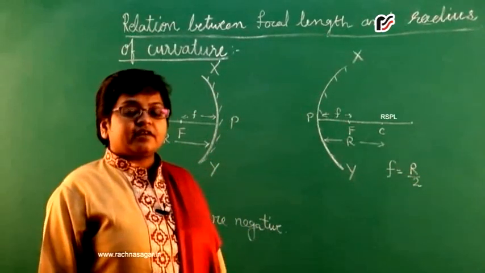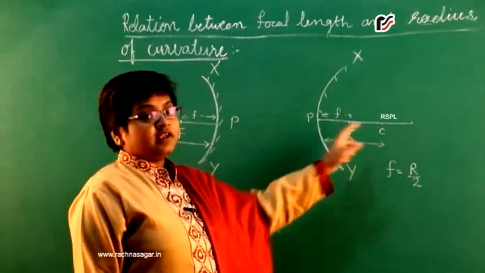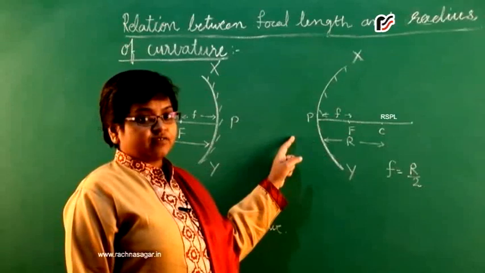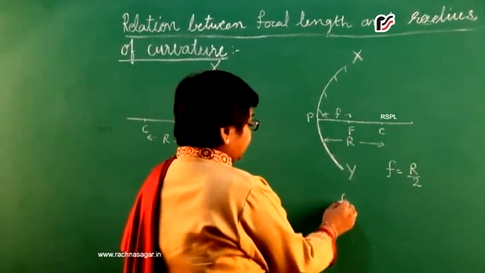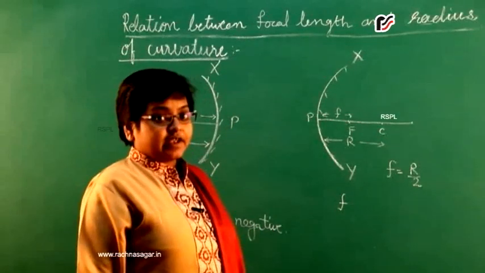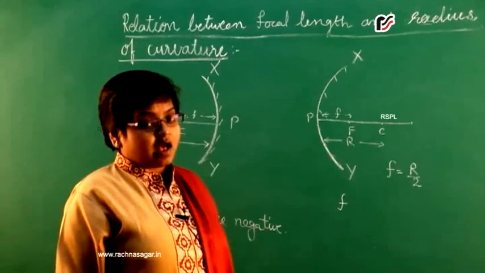Now about the sign conventions, here you observe that F and C are in the right direction of the pole. That's why F, the focal length, and the radius of curvature for the convex mirror are positive.